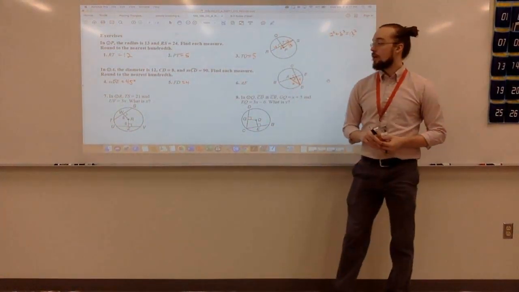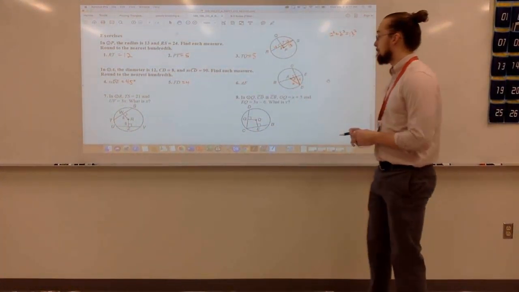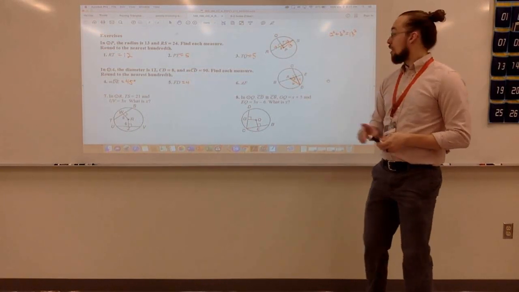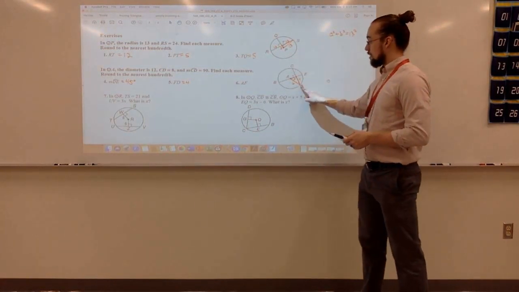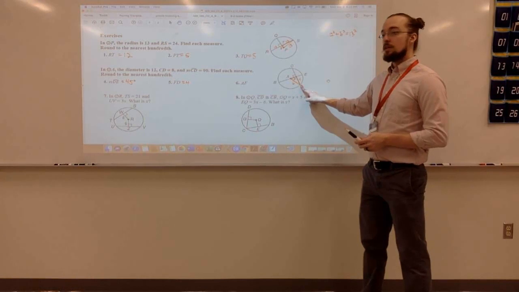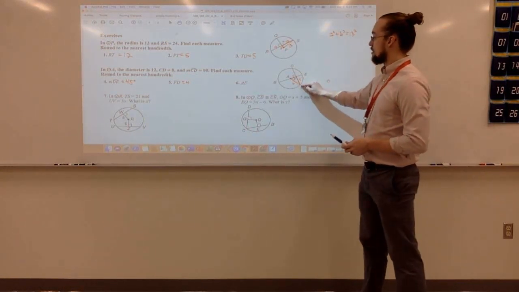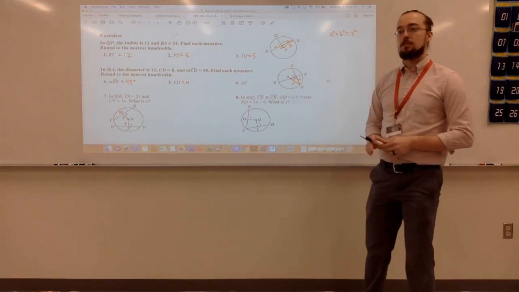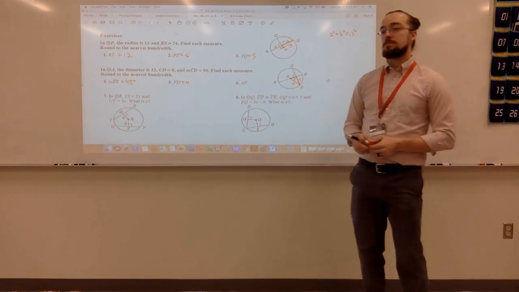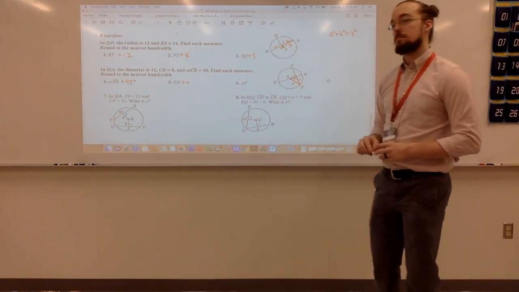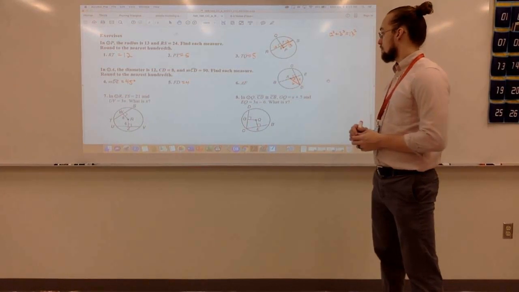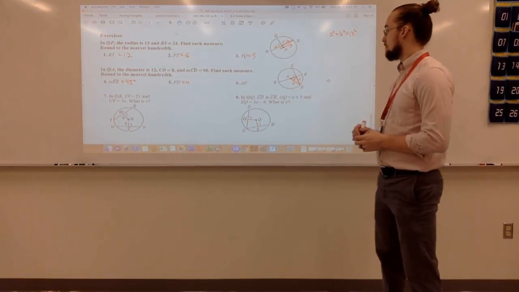For number 4, how do you get 5? How do you know what FD is? CD is 90. FD is 4.